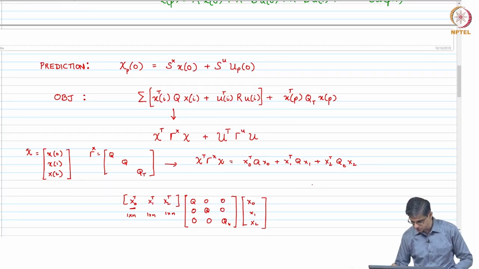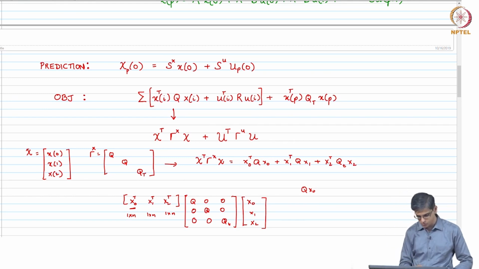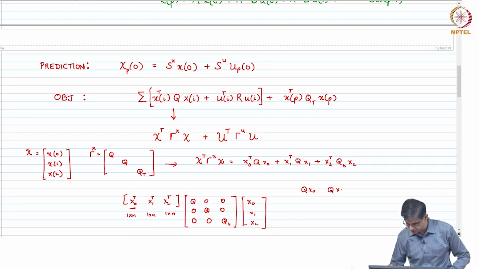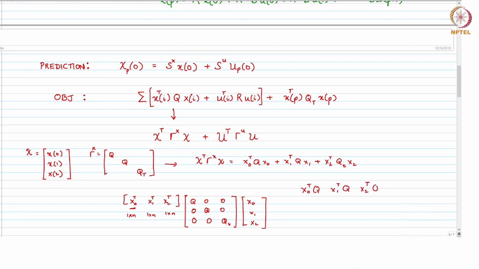So, this multiplication will result in x naught transpose q, x1 transpose q, x2 transpose qt multiplied by x naught, x1, x2, which is x naught transpose q x naught plus x1 transpose q x1 plus x2 transpose qt x2, which is what you had in the objective function.